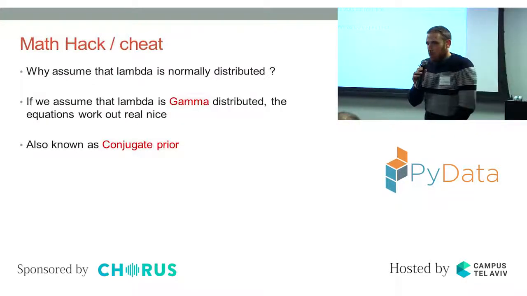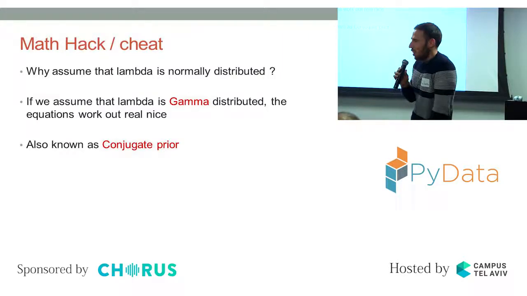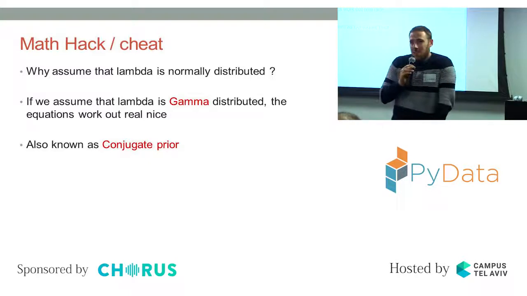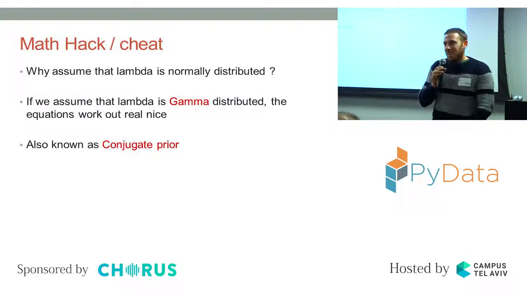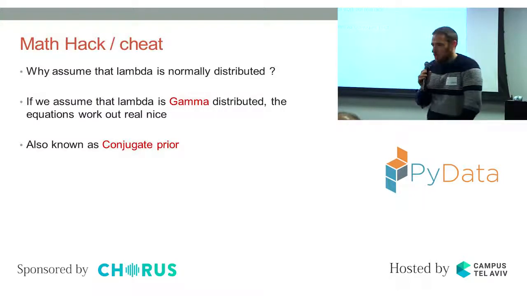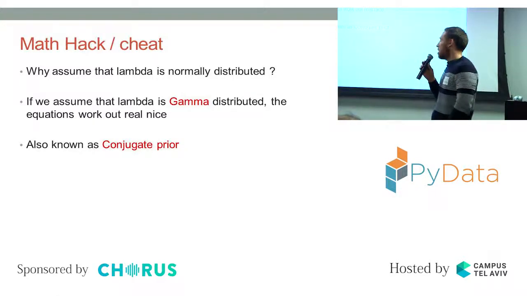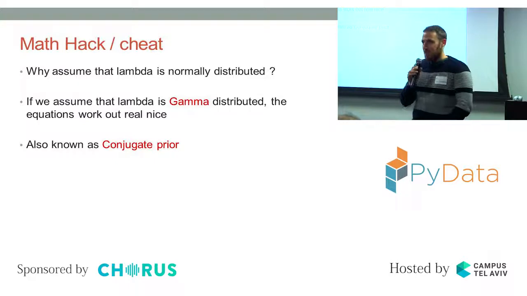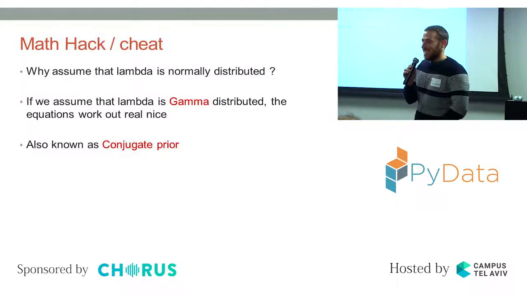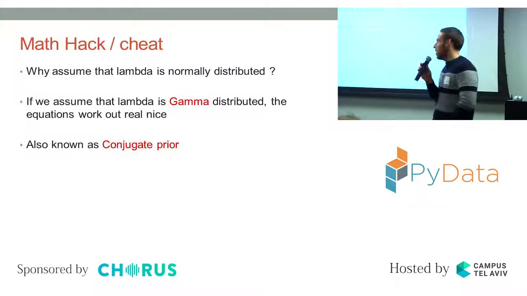This is where I'm going to cheat and rush over the details. Why should I assume that lambda is distributed as a normal distribution? If I assume that it is distributed as a gamma distribution, then basically all the math works out and we're going to have a beautiful formula at the end of this presentation.